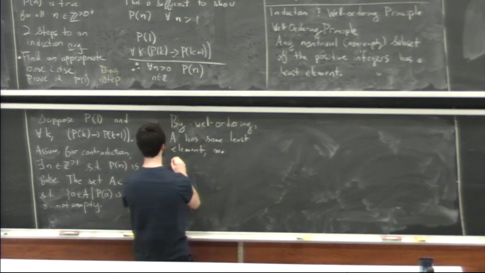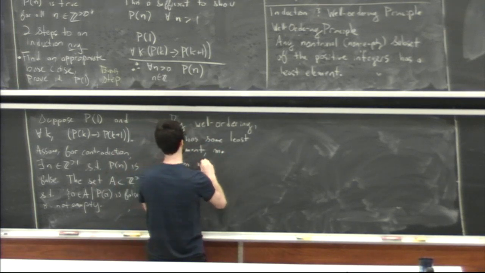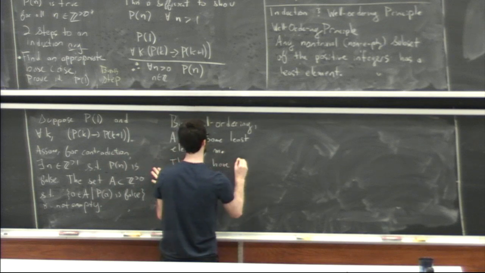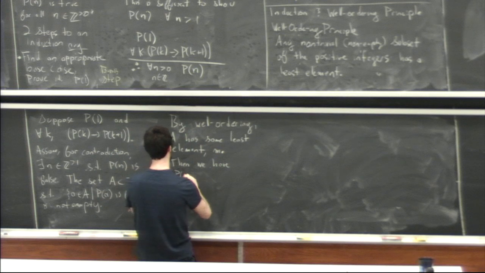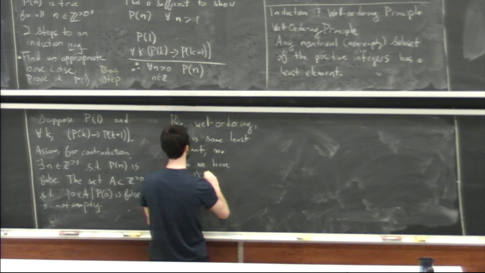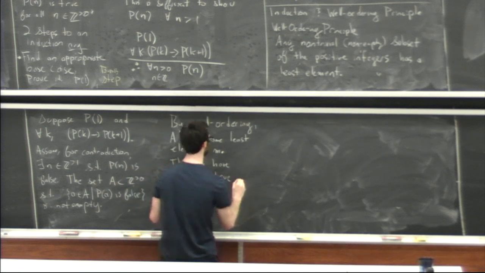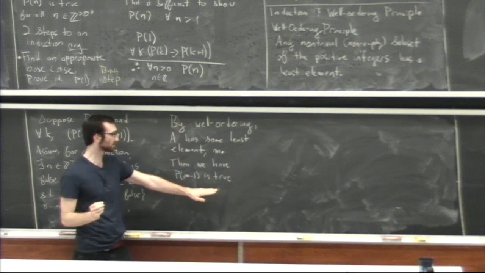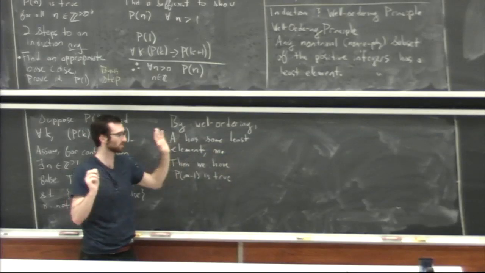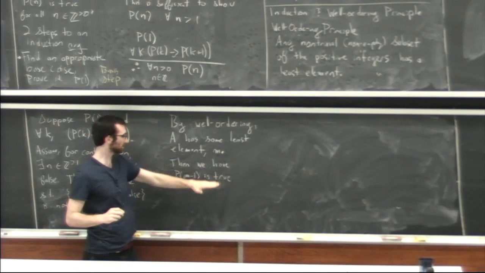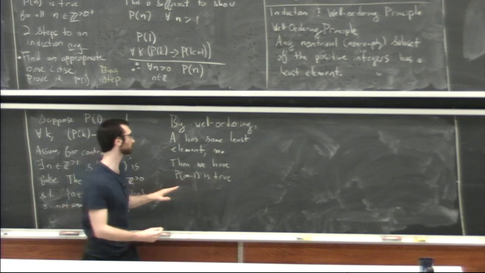So then we have P of M minus 1 is true. If P of M minus 1 was false, then M minus 1 would be in the set A, and M minus 1 would be less than M. So if we have assumed that M is the least one, then P of M minus 1 is true.